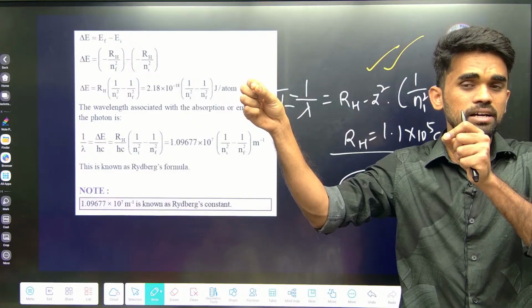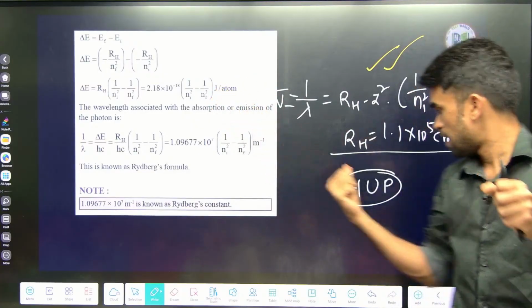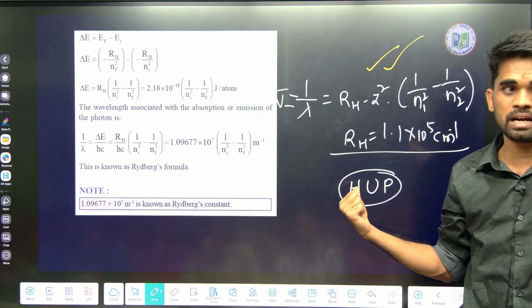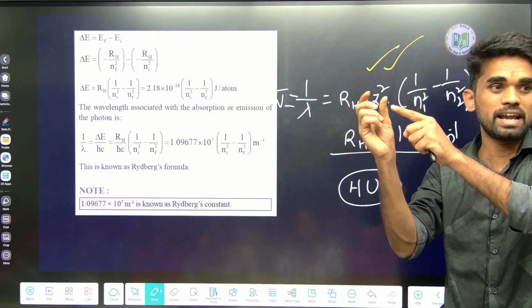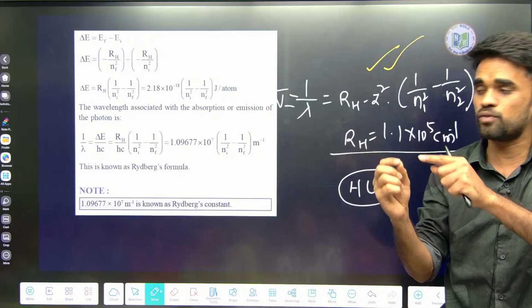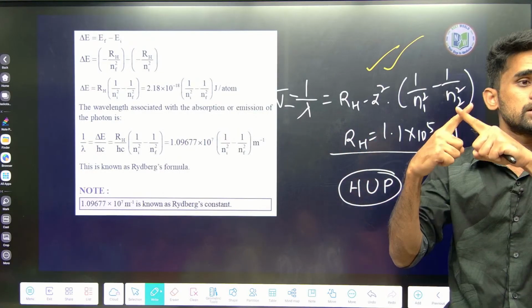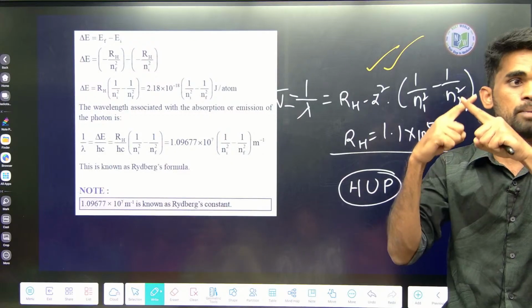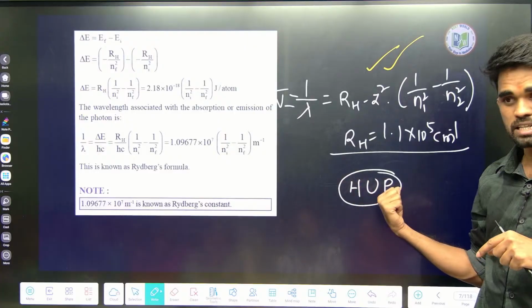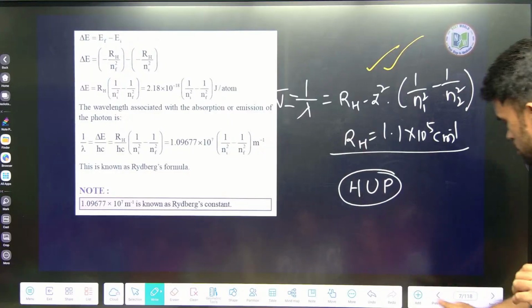It means he is giving some precise position, but actually we cannot find the accurate position of an electron which is in motion. Therefore, the Bohr model and Heisenberg's uncertainty principle are contradictory to each other. It means they oppose each other. Heisenberg is not accepting the Bohr model. This is also something you need to remember.